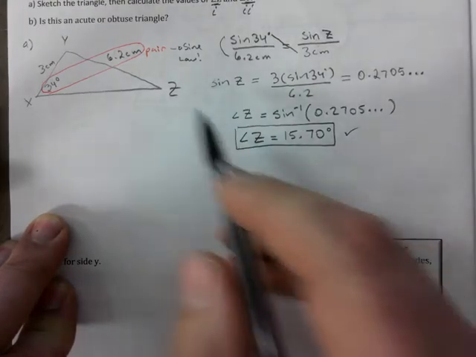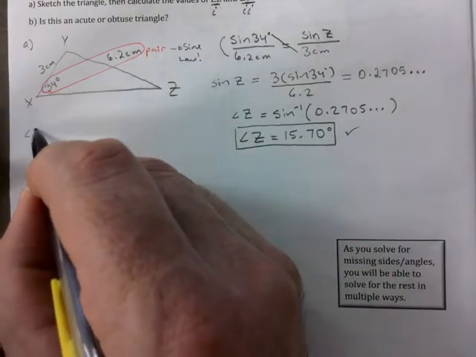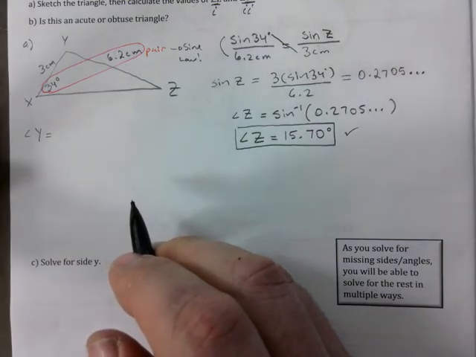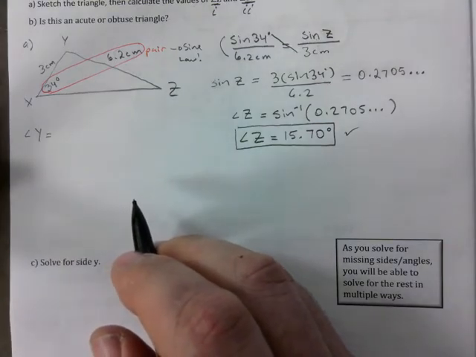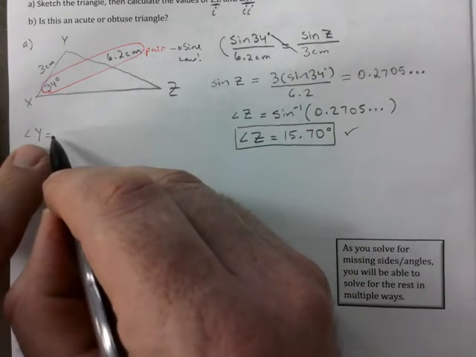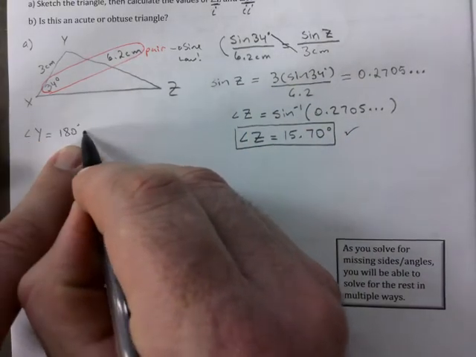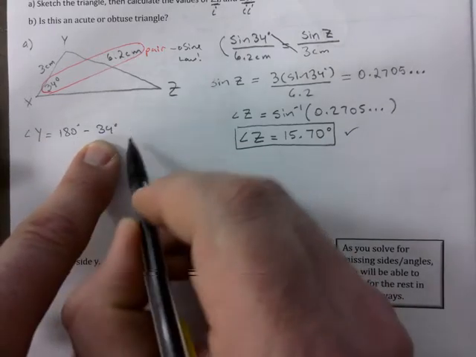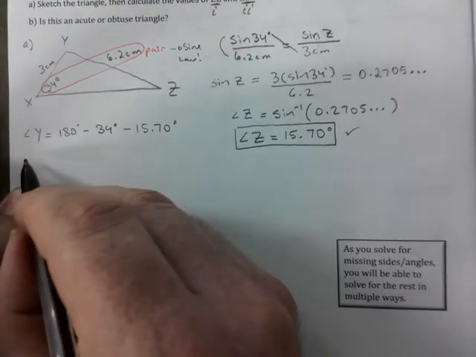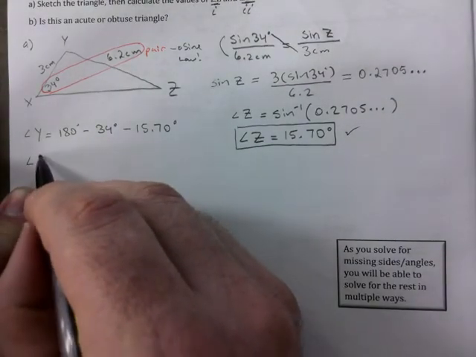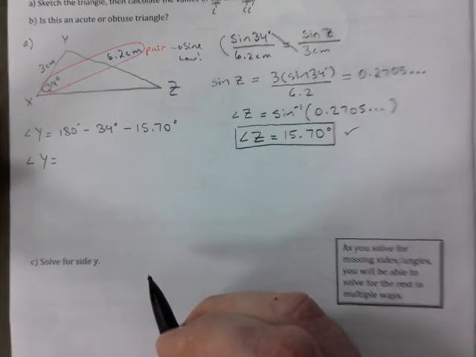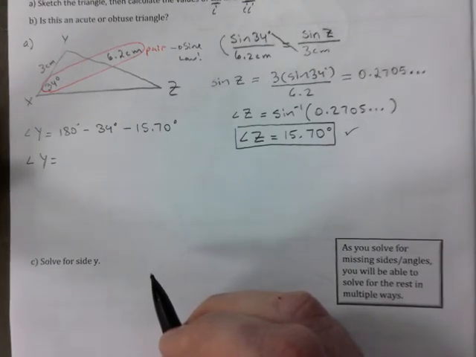And now last one is angle Y. And this is where you need to be smart, okay? Don't do the sine law again. Yes, you could, but I will just go angle-wise 180 minus the 34 degrees minus the 15.7 that I've just found. I'm just going to use my calculator.